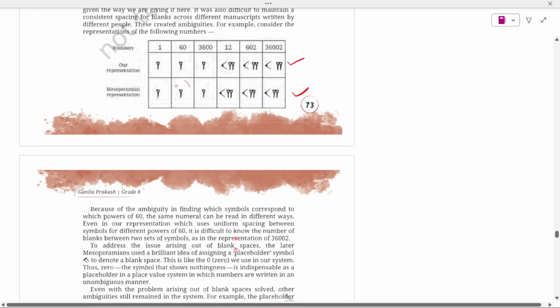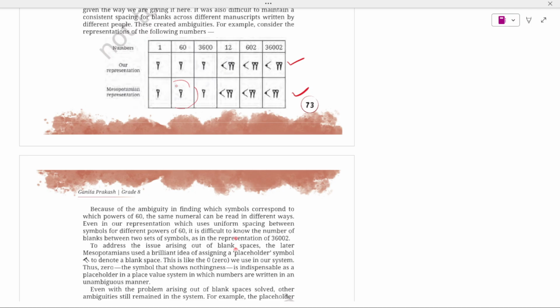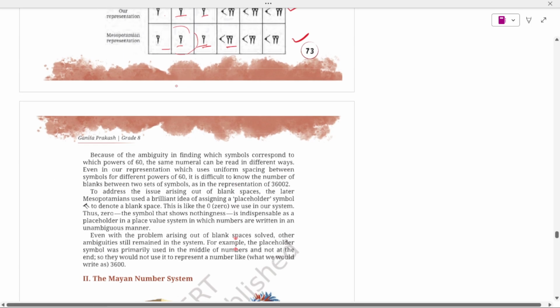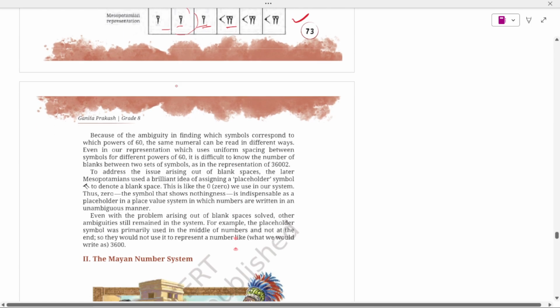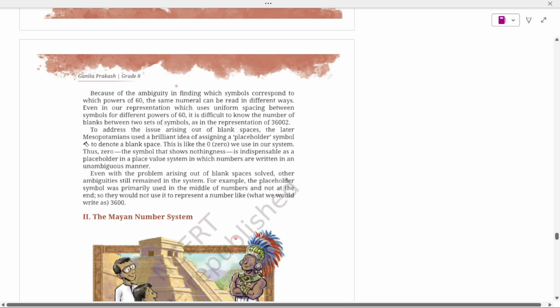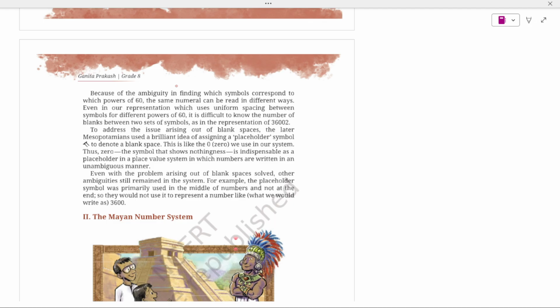60 in Mesopotamian presentation will be this, 12 will be this, 3600 will be this. So they are the same. That's why ambiguity exists here. But in our presentation, which uses uniform spaces between symbols for different powers of 60, it is difficult to know the number of blanks between two sets of symbols.